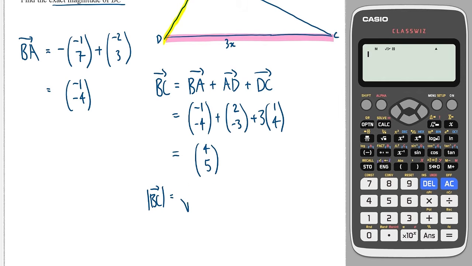And we calculate it by Pythagoras' theorem by squaring each component and then taking the square root of it. So I would do the square root of 4 squared plus 5 squared. And that's root 41, and it's asking us for the exact value, so we are good.